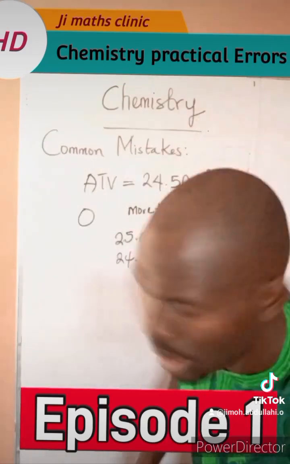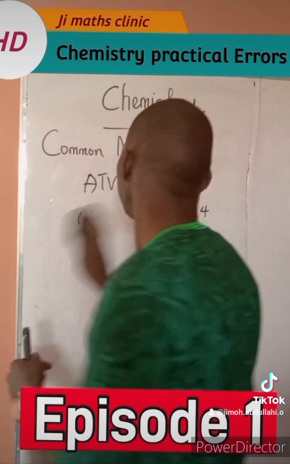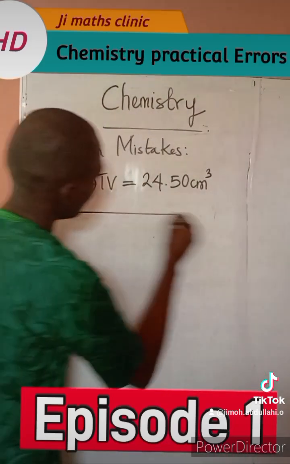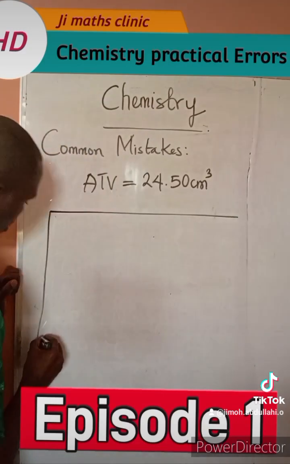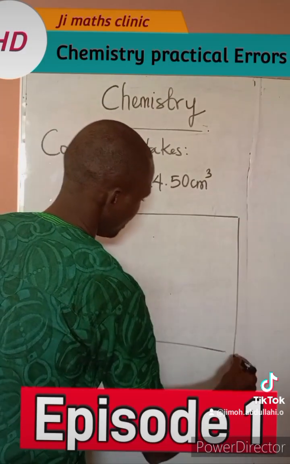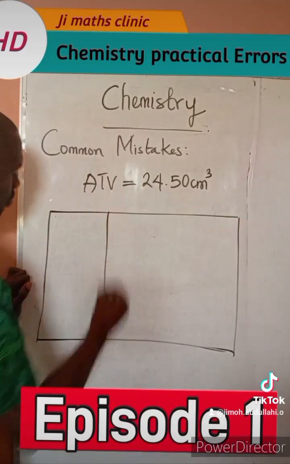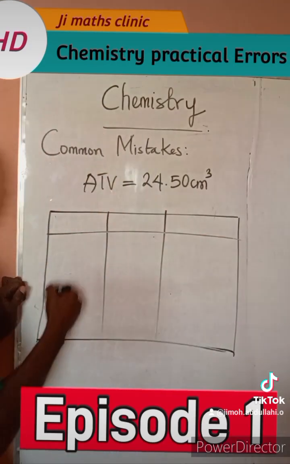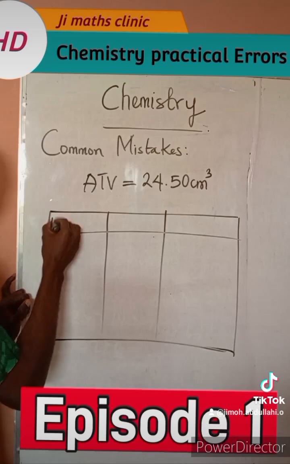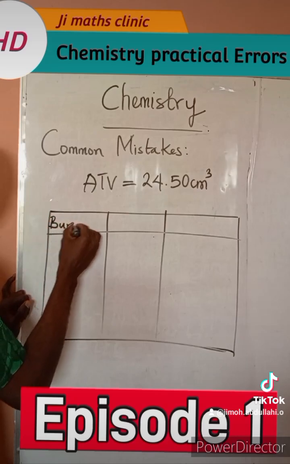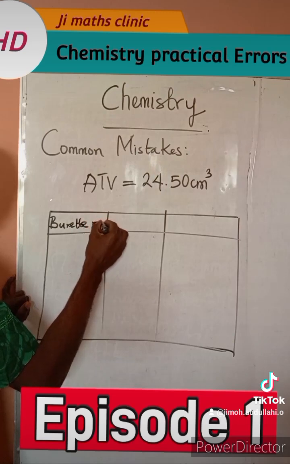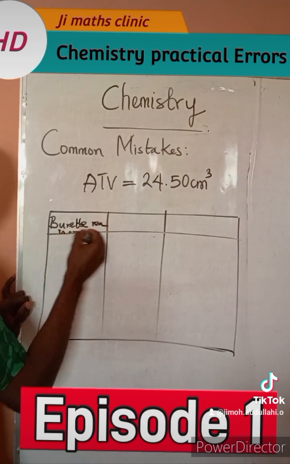You get it? So now, let's assume you have a table like this. This is your burette reading. Burette reading is CMQ.